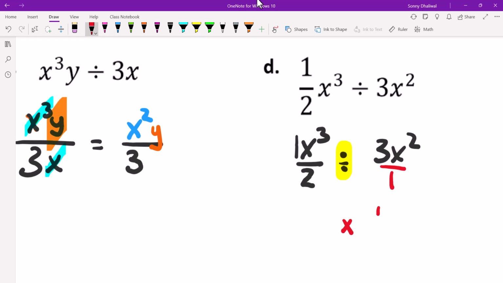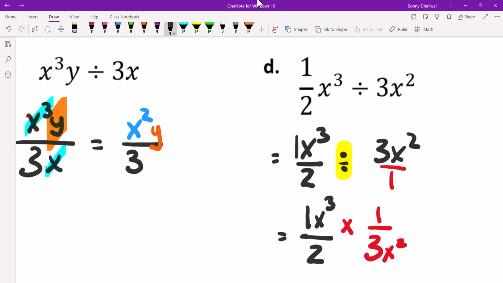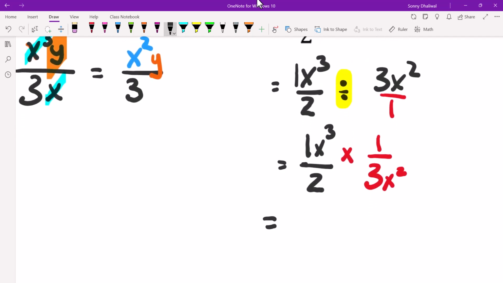We flip that second fraction, it goes to the bottom, and this stays on the top. That's a 3 and a 2. All right, that's a horrible looking 3. Okay, here we go. And I'll change that from a red X to a dot so it doesn't look like a variable.